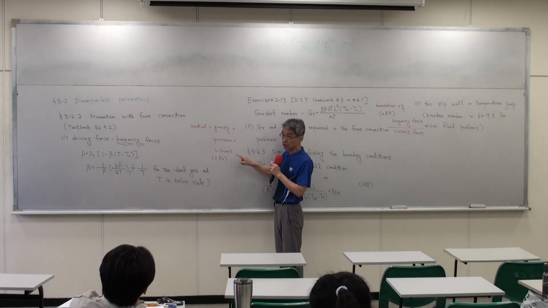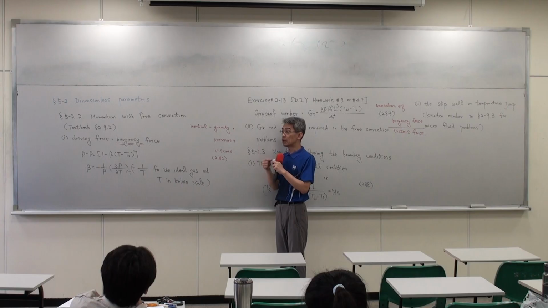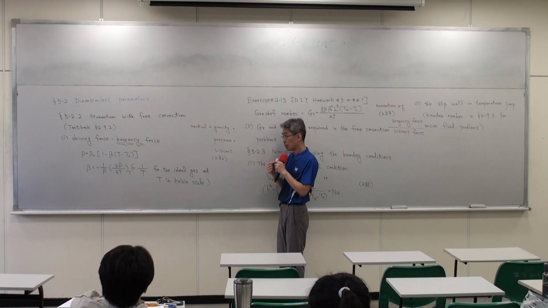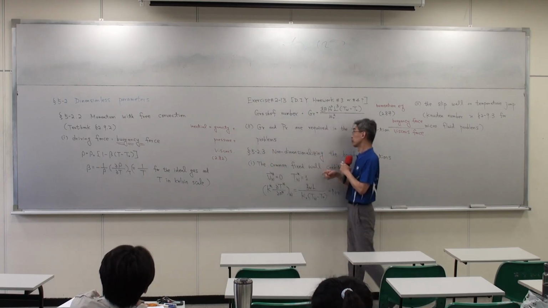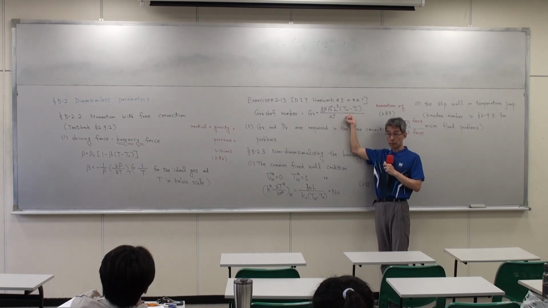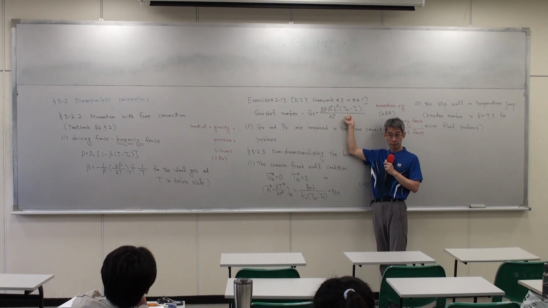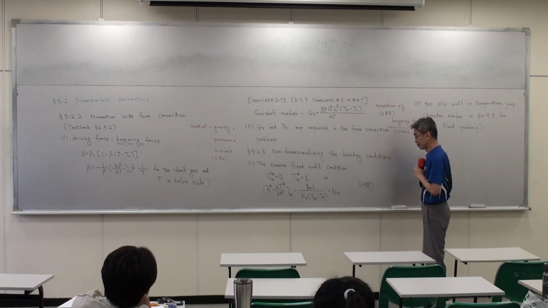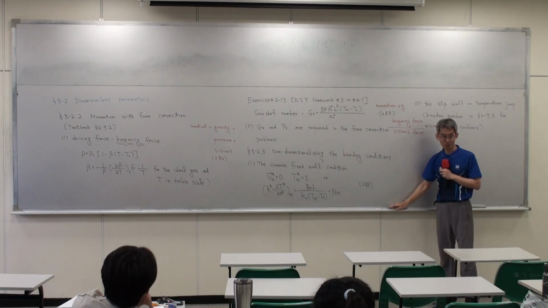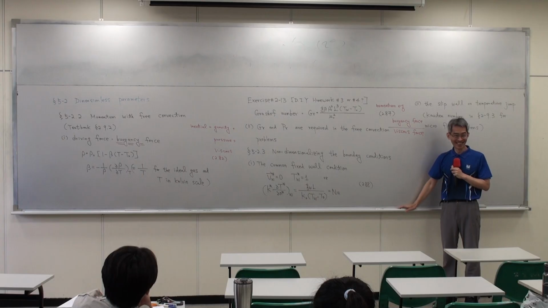And then, using the Froude number and the Reynolds number, you can get the Grashof number as well. Do I confuse you guys?